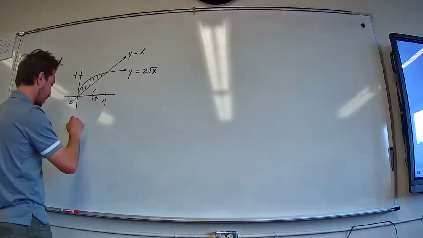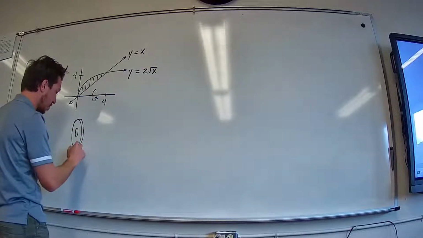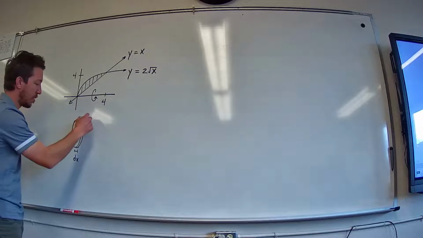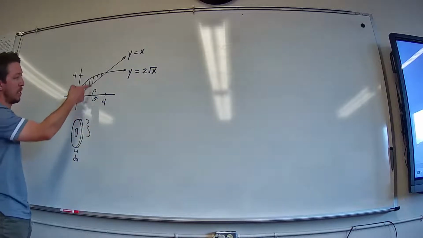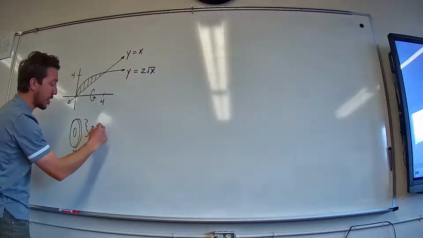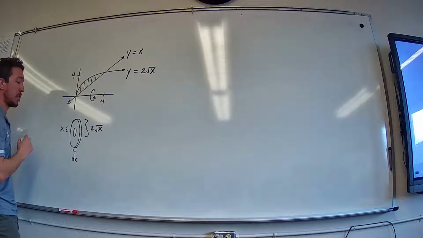So each washer looks like this. The thickness is dx. The outer radius is the top function, which is 2 root x. The inner radius is x.